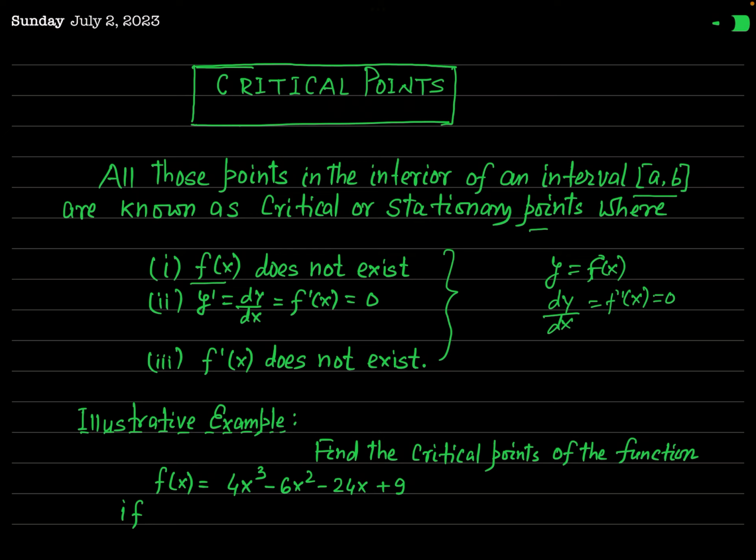So another condition for finding the critical point is that f dash of x should be equal to 0. And the third condition is that f dash of x does not exist, meaning when you find f dash of x, it becomes undefined. So these are the three important conditions for finding the critical points of a function.